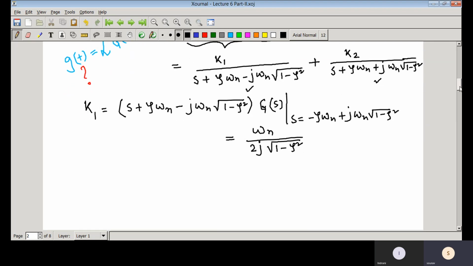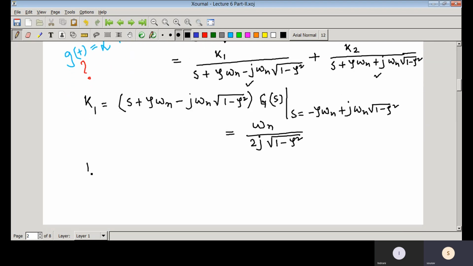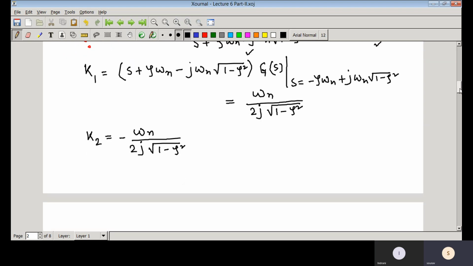Similarly, if you do it for the second one, you will get K2 equal to minus omega n by 2j square root of 1 minus zeta square. So just applying the same method here for K2, we get this coefficient.